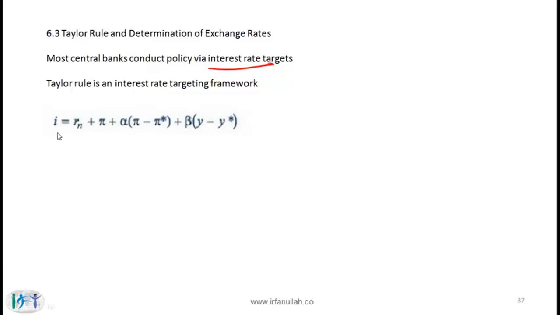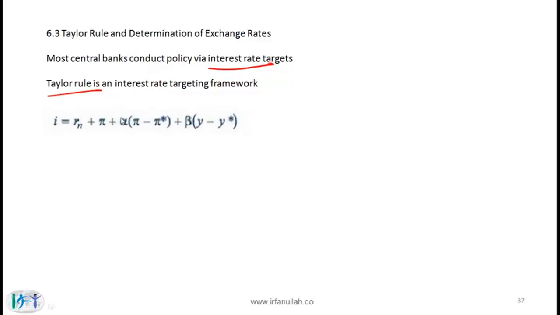by the central bank. So here is a formula that you need to memorize. The I stands for the nominal interest rate that the central bank will set according to this Taylor rule framework. Rn refers to the neutral real policy rate. By neutral, we mean the rate that will create neither expansionary pressures nor any recessionary pressures.